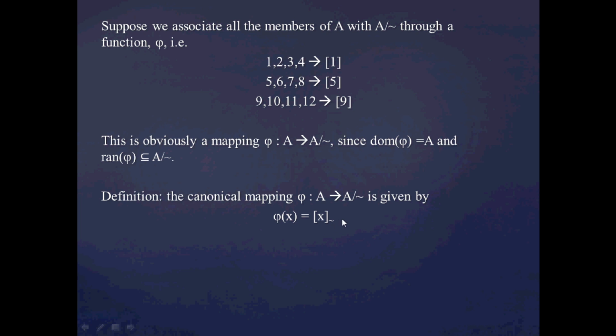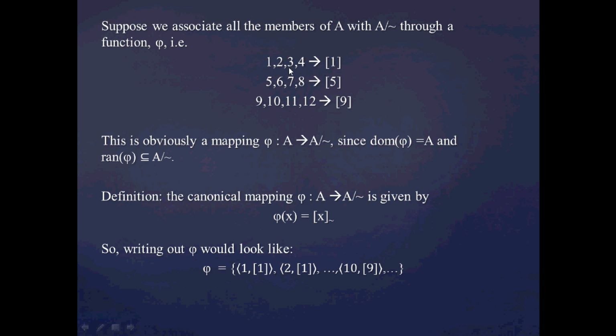So you can see I can go through the long process of 1 being sent to the equivalence class of 1, 2 being sent to the equivalence class of 2, 3 being sent to the equivalence class of 3, but when I observe that the equivalence classes of 1, 2, 3, and 4 are all the same, I can say that that's the same thing as sending all 4 to the equivalence class of 1. So those two mappings that I just expressed are going to be the same thing.